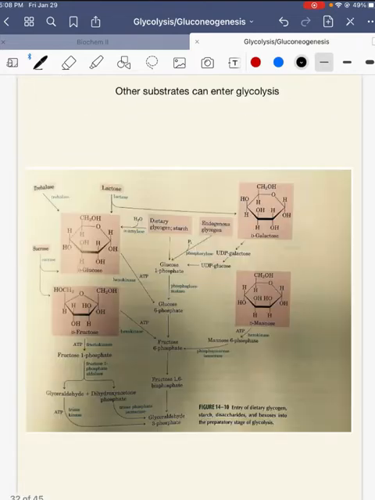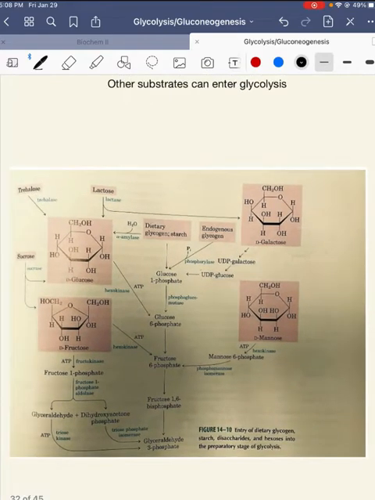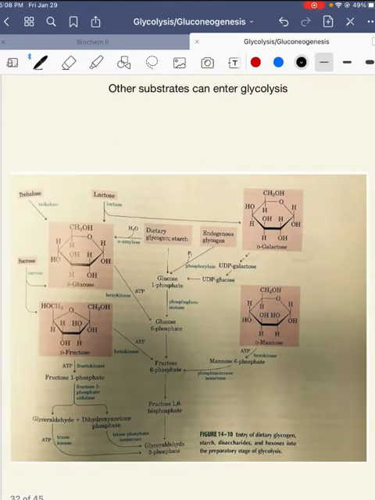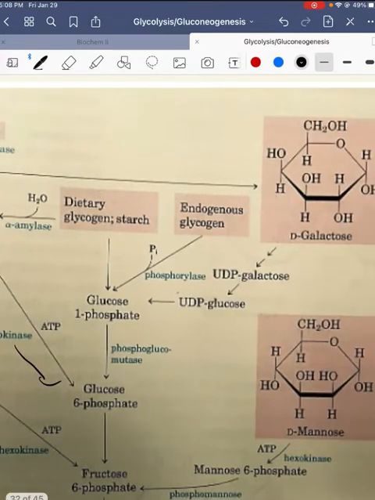Okay, so I think this is from your guys' book, but I included it just to briefly mention that other sugars can enter glycolysis from different pathways. So over here, we have glucose, which can enter via hexokinase. So this is everything we've talked about. Galactose can enter. You guys don't have to know this.